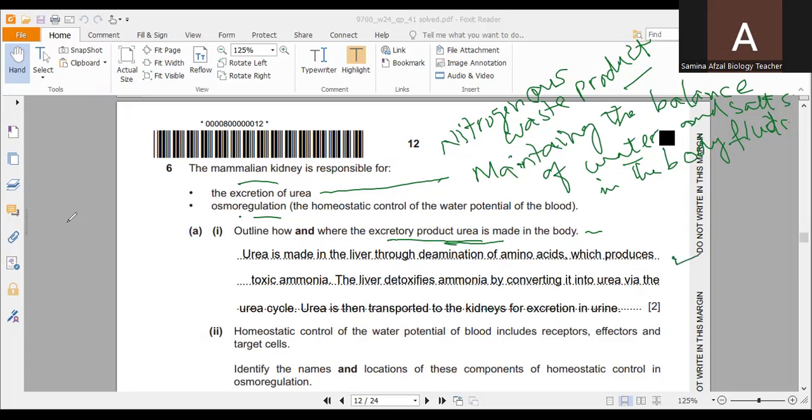So that is the answer which I have written. Now I would like to explain how urea formation takes place. Urea is primarily produced in the liver of mammals.